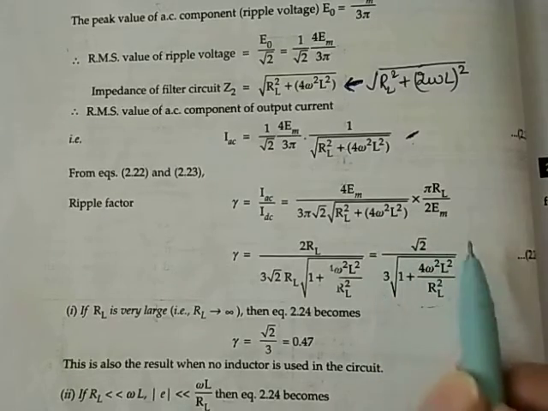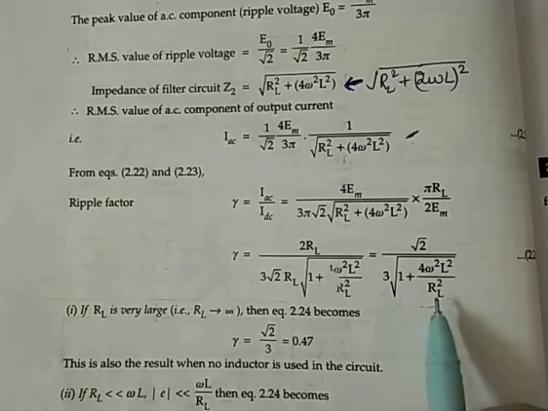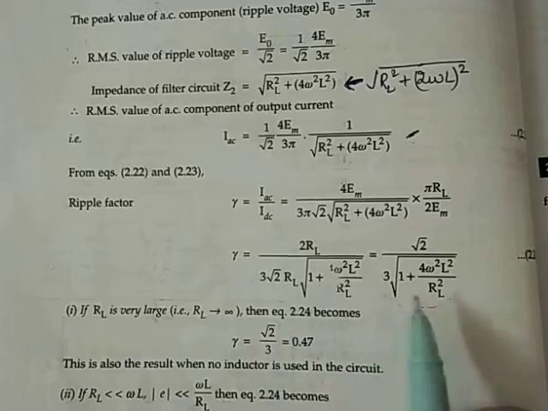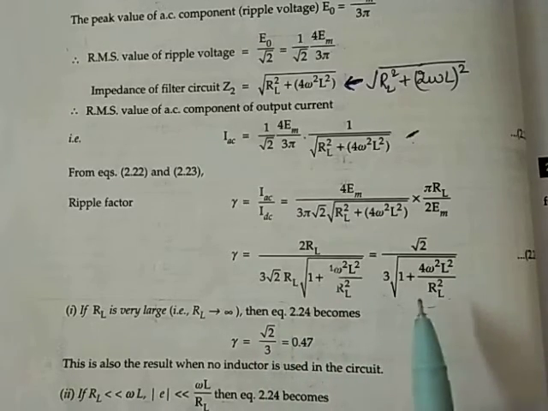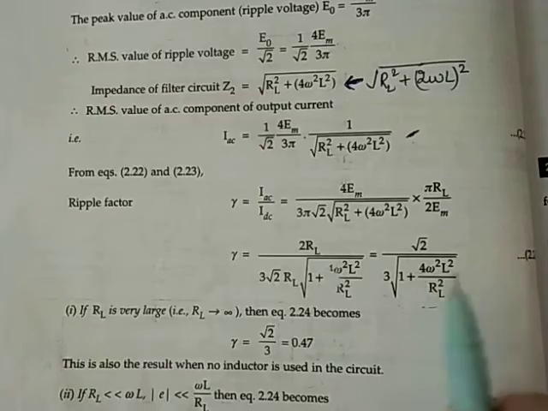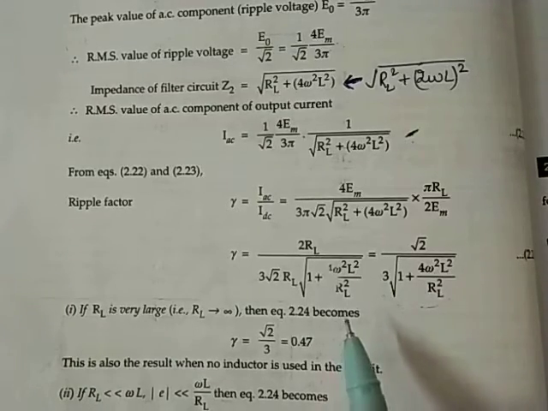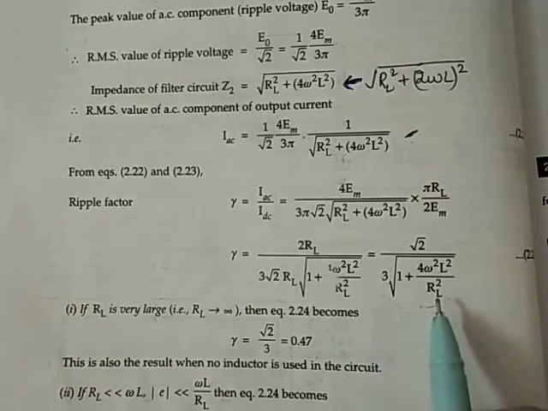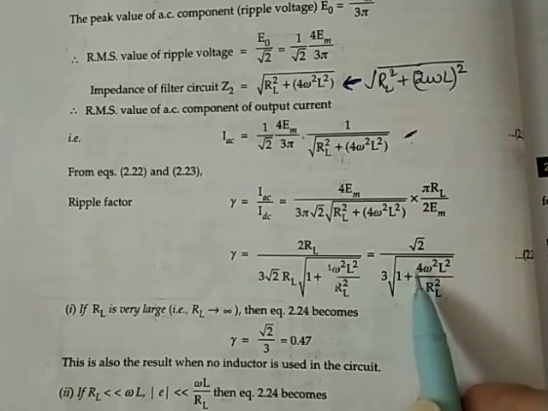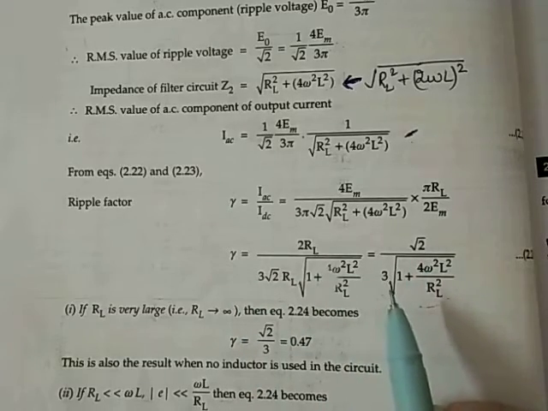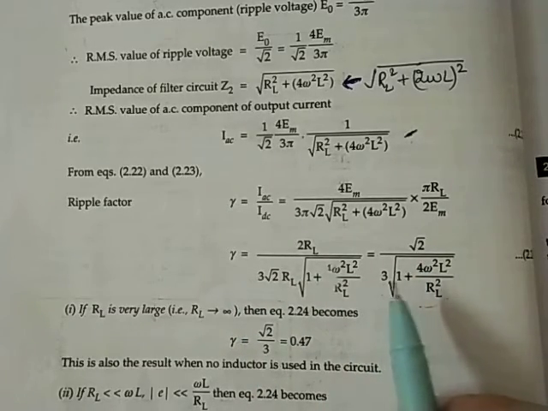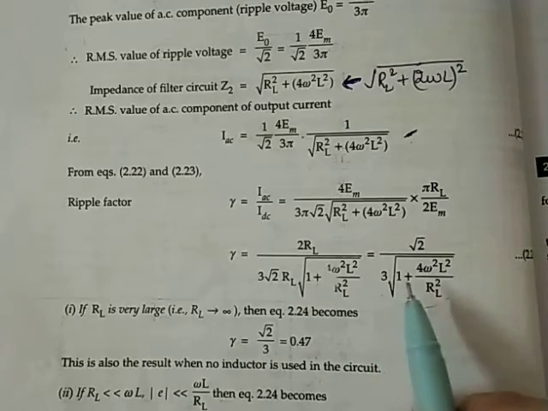So now we are considering the case where RL is approaching infinity, means it's much larger than omega L. Okay. So when this is the case, this part would be equal to 0. So we will have gamma as under root 2 upon 3 under root 1, which is 3 actually.